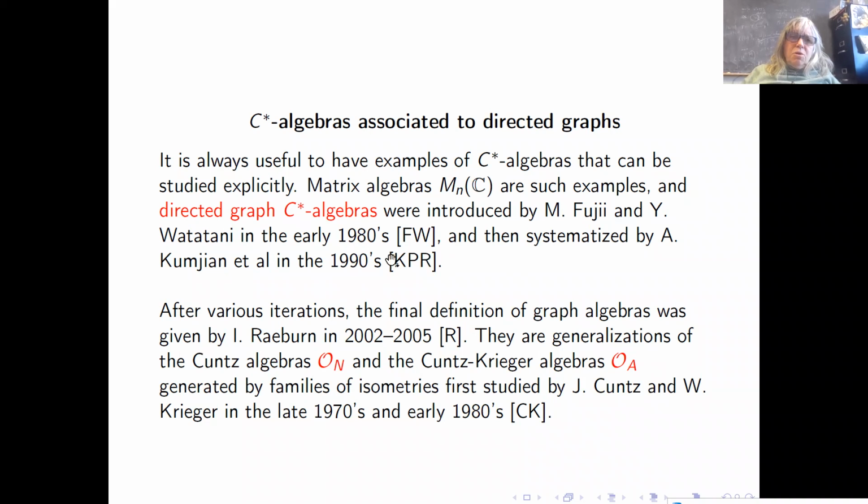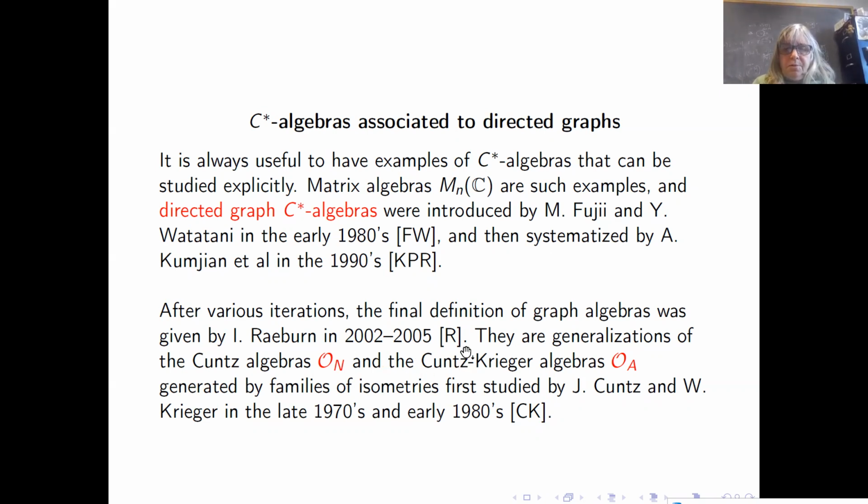And then Kumjian, Pask and Raeburn were studying them in the mid to late 1990s. And then Raeburn gave a CBMS lecture series, that's the famous time where he changed the direction of all the arrows, which Wikipedia hasn't recognized yet.